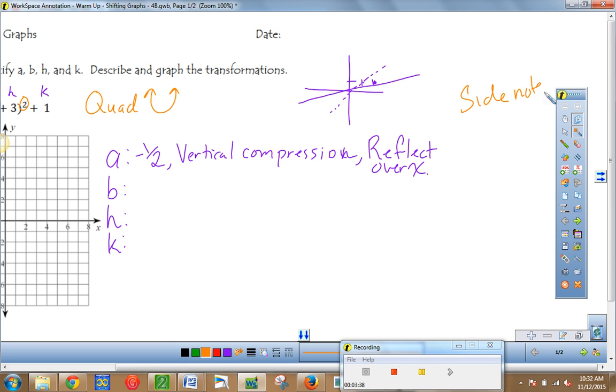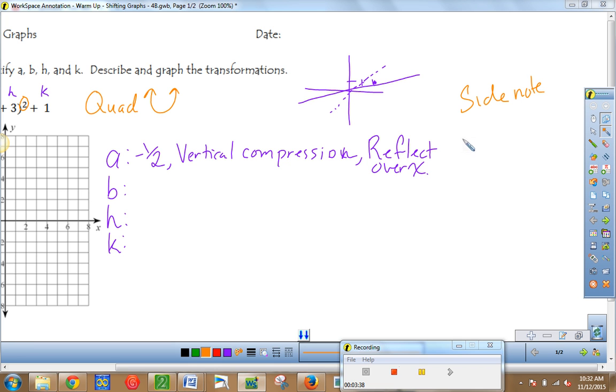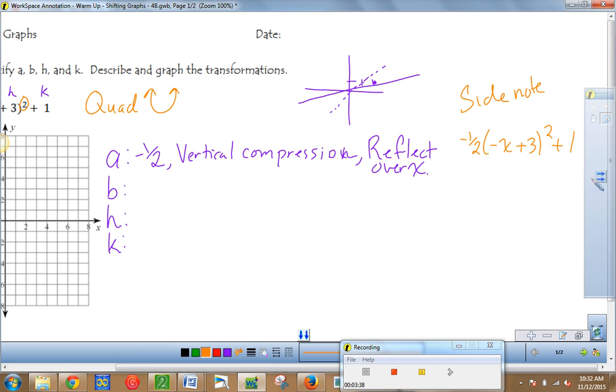Side note. We have negative 1/2, negative X plus 3, squared, plus 1. Negative 1/2 is totally cool. If I factor out a negative 1 in here, what does that leave me with?